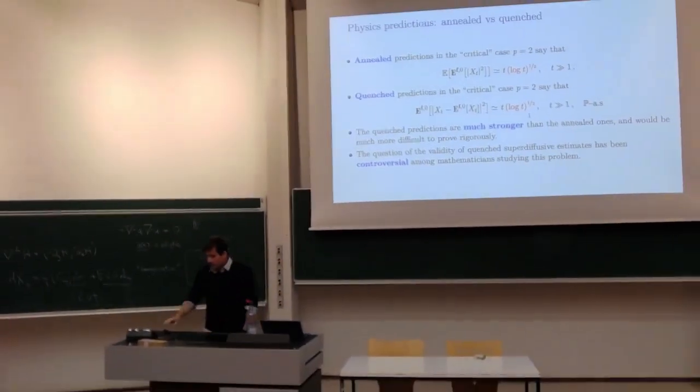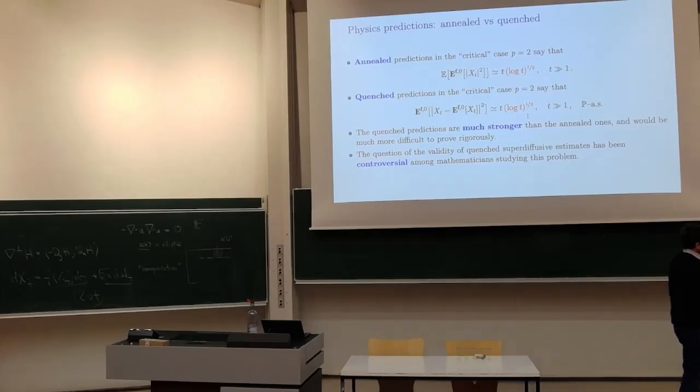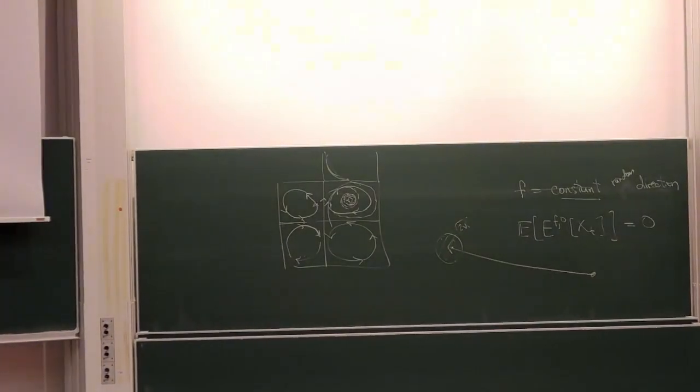So this is sort of not what the physicists meant. But this caused a lot of confusion. The mathematicians that were studying this didn't just think that this picture was silly. They actually thought that this picture was what was happening in the problem that we're studying when p is equal to 2. They thought that the particle is going to follow long streamlines in this random sort of field.